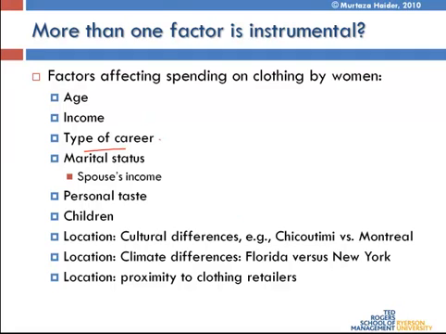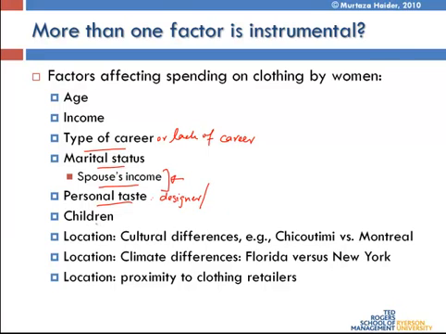Maybe she's a stay-at-home mom taking care of the children, and then marital status, married otherwise, and then if she's married, what is the spouse's income, and then also personal taste. Some people like to buy designer clothing, and they spend large sums on clothing. Others just simply buy clothing, whatever matches their budget.